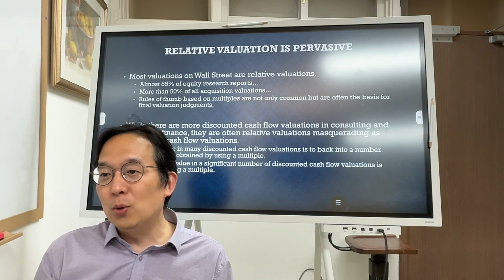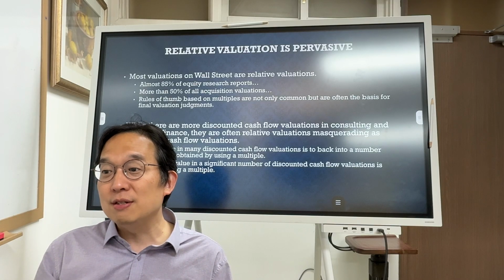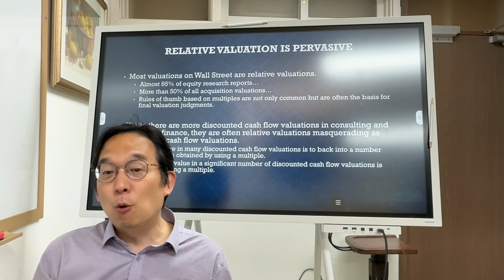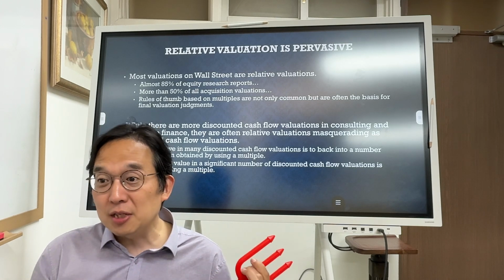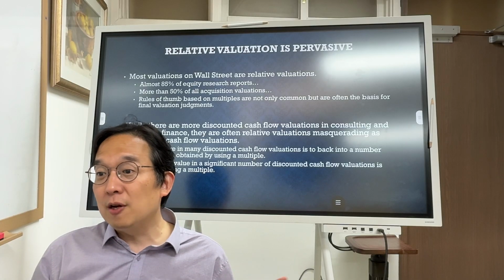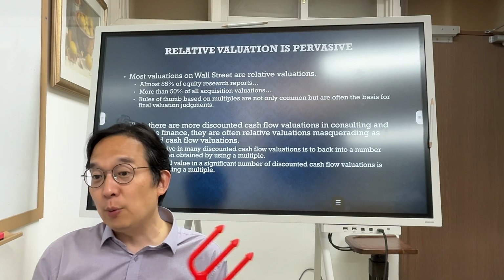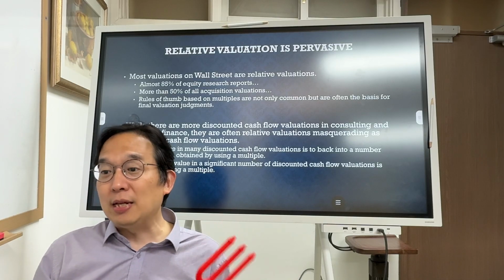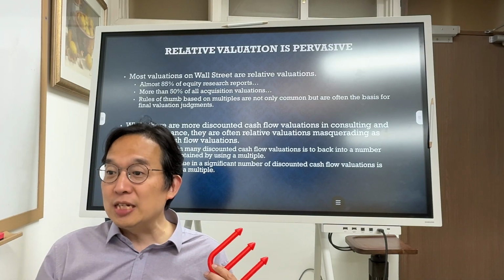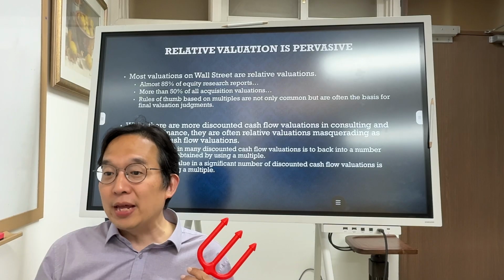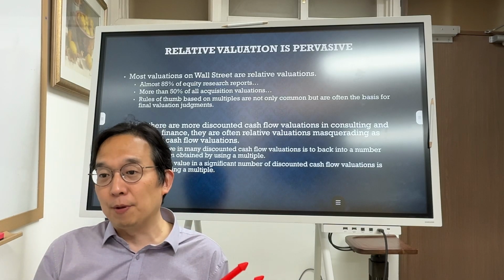While there are more discounted cash flow valuations in consulting and corporate finance, and in private equity, they are often relative valuations masquerading as discounted cash flow valuations. The objective in many discounted cash flow valuations is to back into a number that has been obtained by using a multiple.